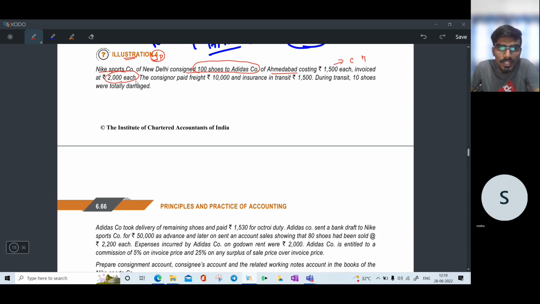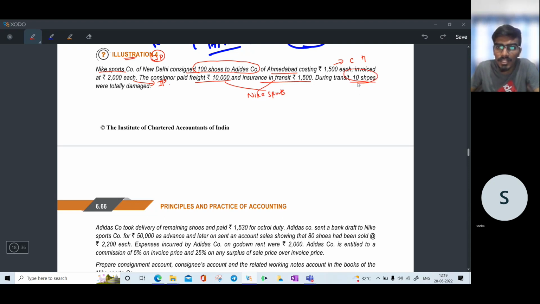Invoice price is 2,000 each. Paid freight 10,000 and insurance in transit 1,500. These are the consignor's expenses, that is Nick Sports Company's expense.